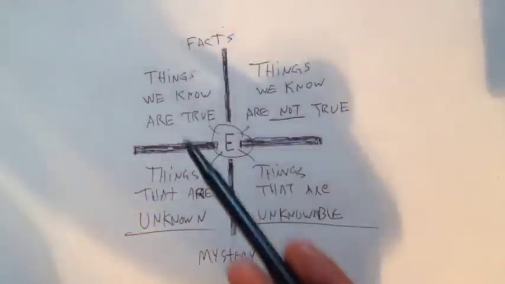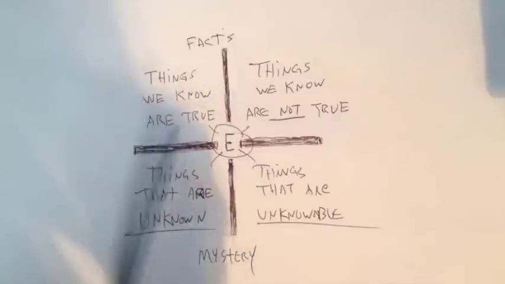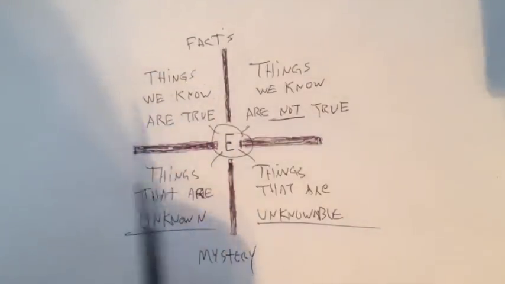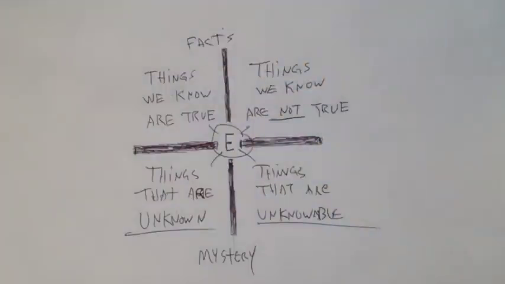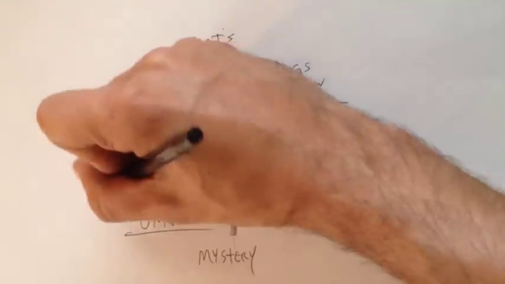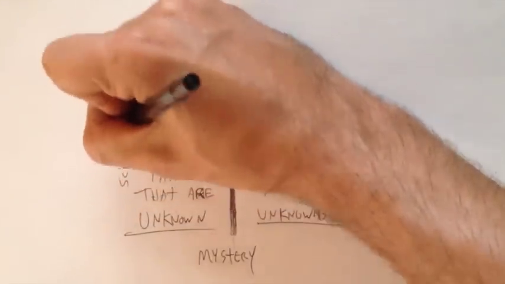When we talk about these things on this side, things that we know are true and things that we're still trying to figure out, things that we're still measuring, we usually talk about that in very scientific, logical types of language.